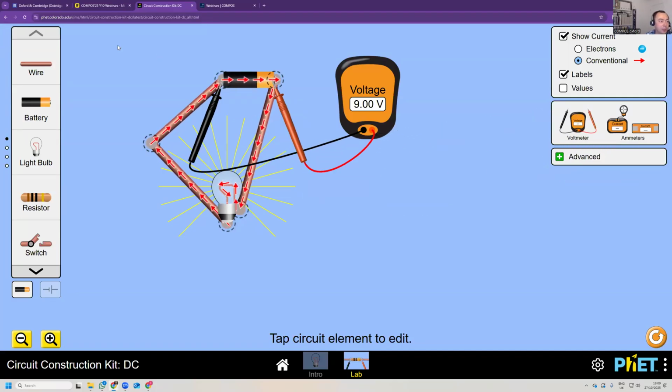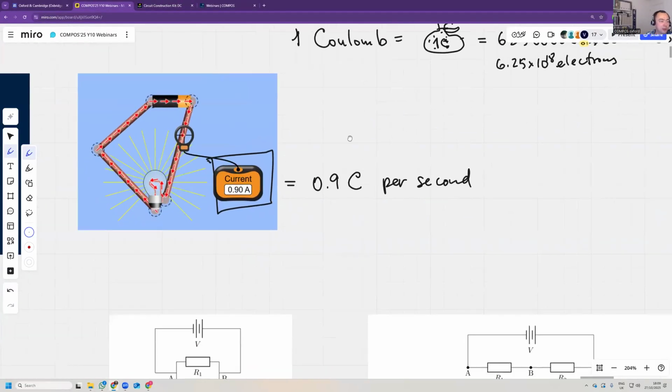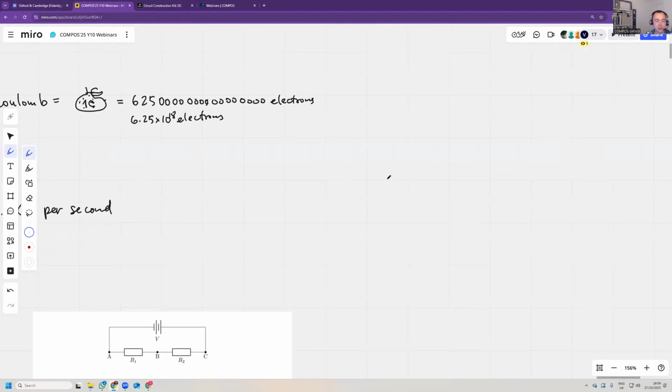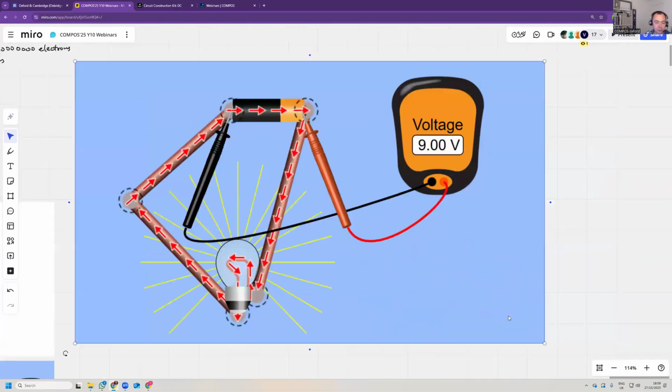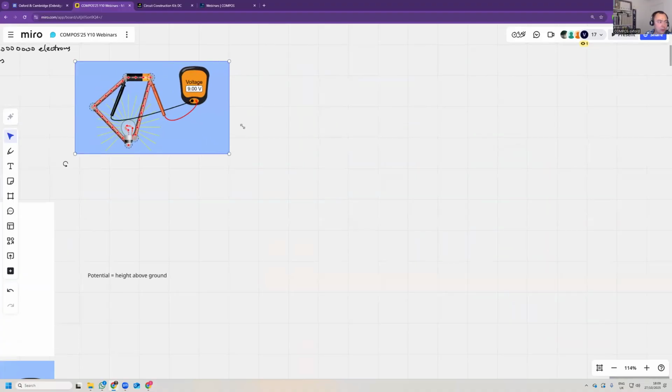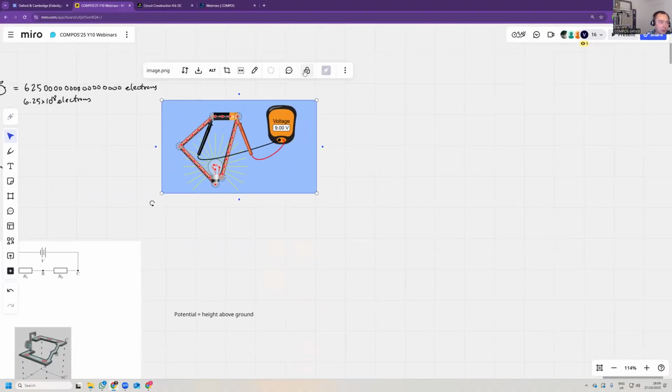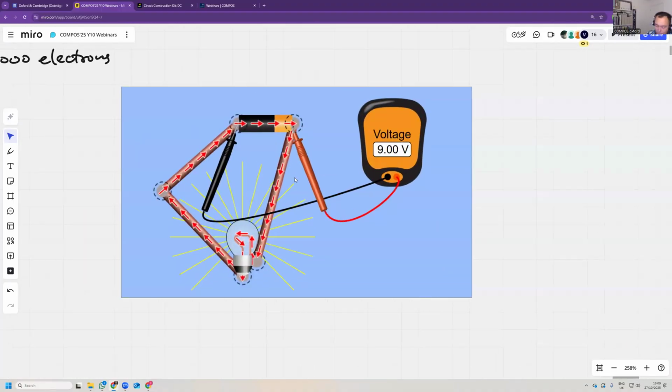So the 9 volts means the coulombs coming into the battery have less energy than the coulombs coming out of the battery.